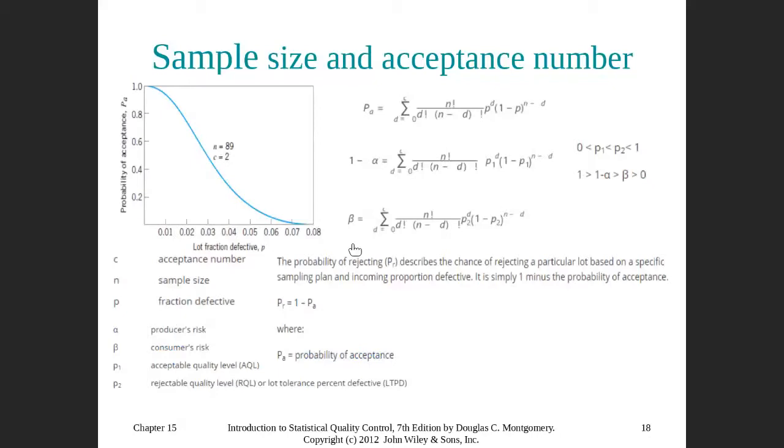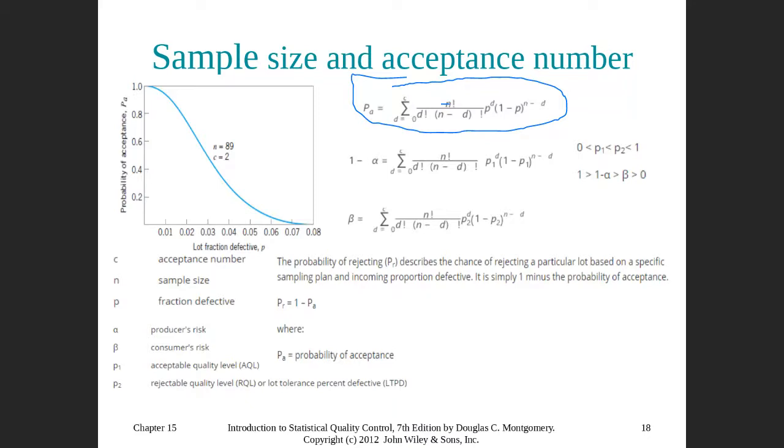This is the probability of acceptance formula, and it contains the sample size, n factorial, and the number of defectives you have set, as well as the probability for accepting at the AQL and for rejecting at the RQL.